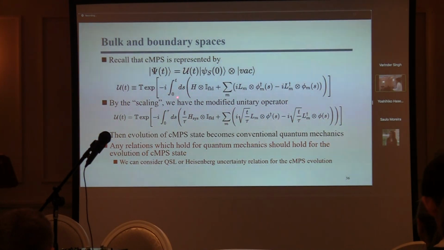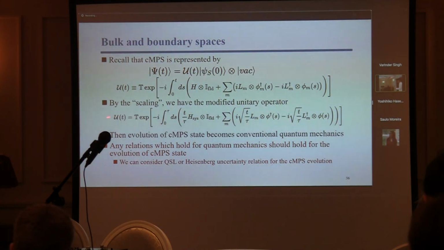For the original case, the integration range starts from 0 and ends at t. But for this scaled operator, we have the integration from 0 to tau, and this integration does not depend on t. So this unitary operator is a scaled version of the unitary operator.